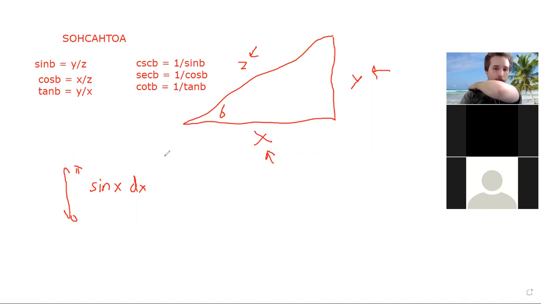And so does anyone know what the integral of sine x is? Or what we would take the derivative of to get sine x? It would be cosine, right? Because let's see. Let me put this over here. Derivative of cosine x is equal to negative sine.